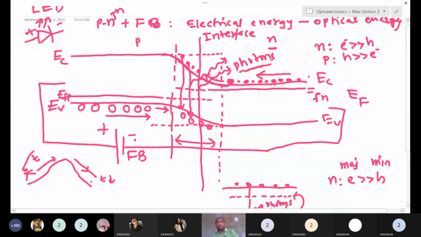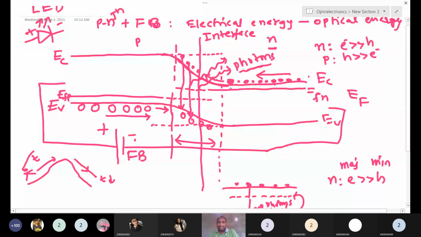Once the charge carriers come to the interface, they see some height. To climb that height they need some time, and during this time they lose energy and jump from the conduction band to the valence band and recombine.